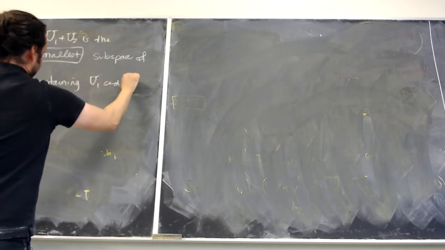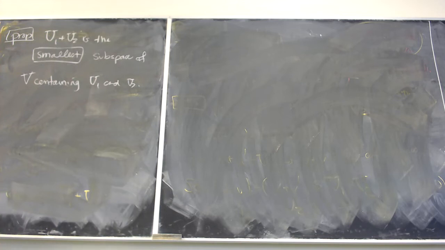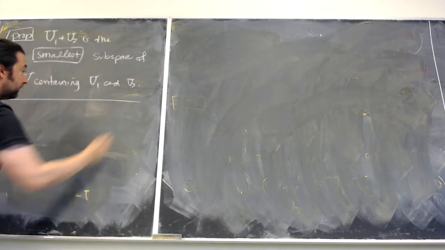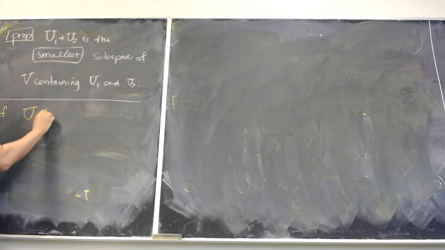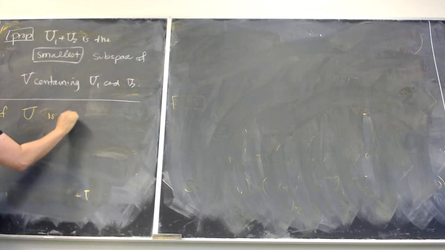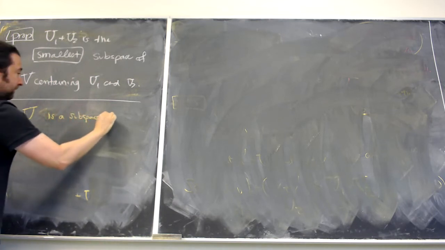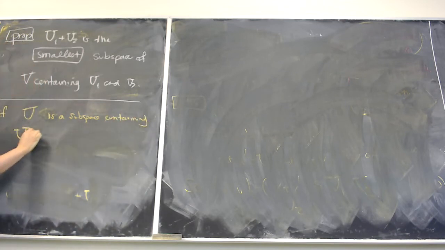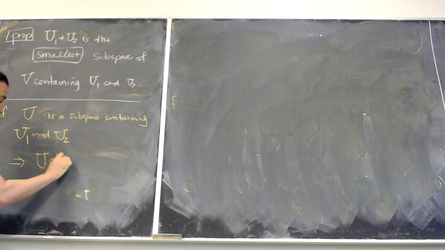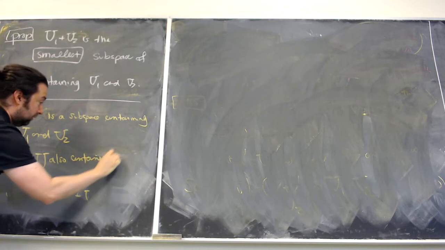U1 and U2. And that means this has a precise mathematical definition, which I want to lay out before we do the proof so you understand why we're proving it the way we are. What I would mean by that is, if U is a subspace containing U1 and U2, that implies that U also contains U1 plus U2.